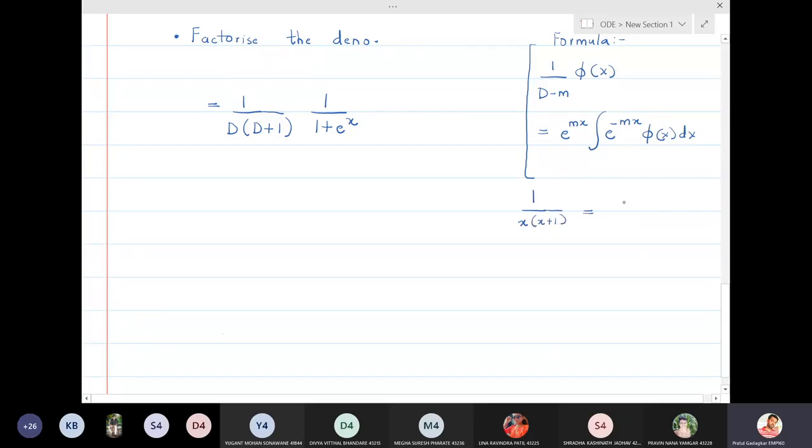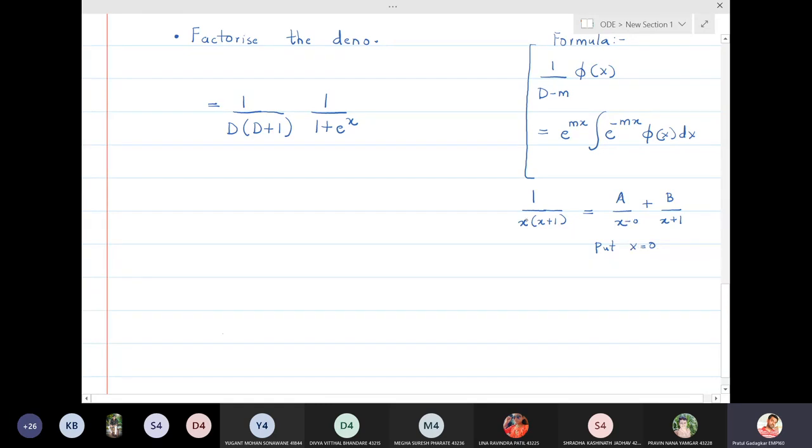This is your rough work, which is A upon x plus B upon x plus 1. Okay. I hope you know all the partial fraction techniques. So this is what I will follow.